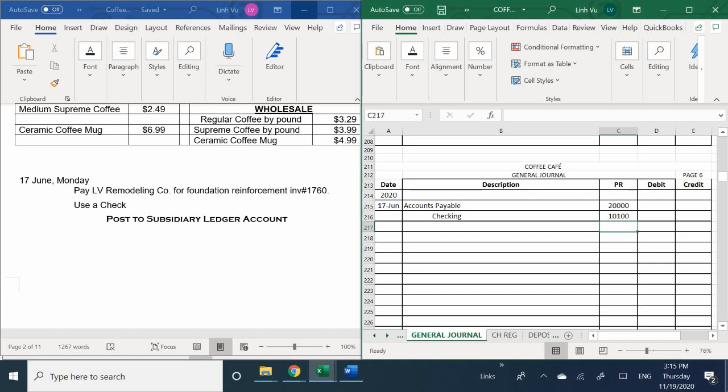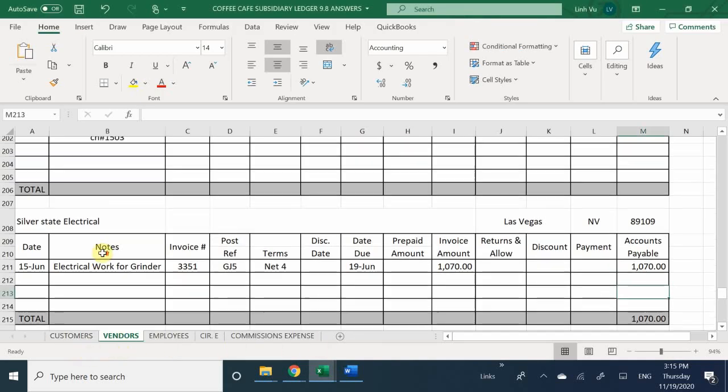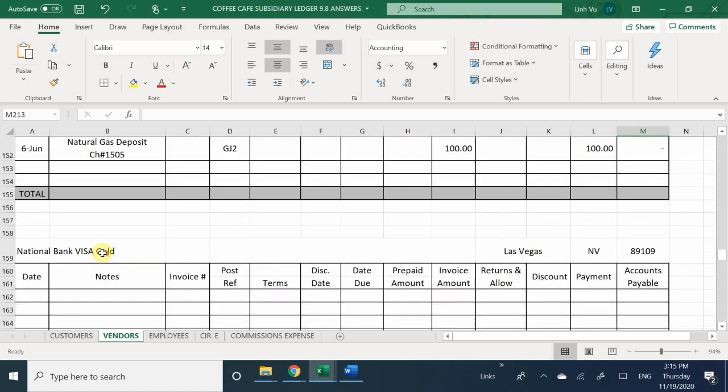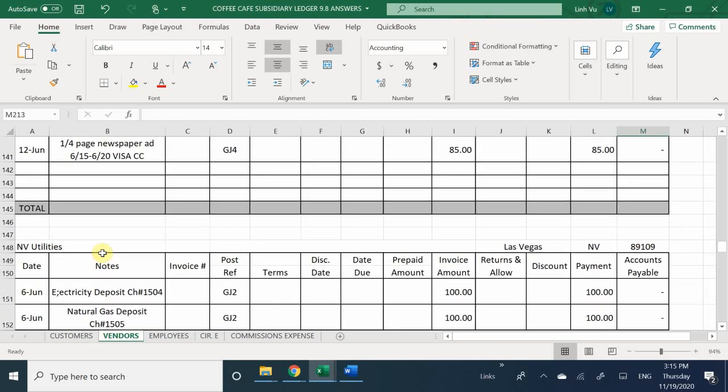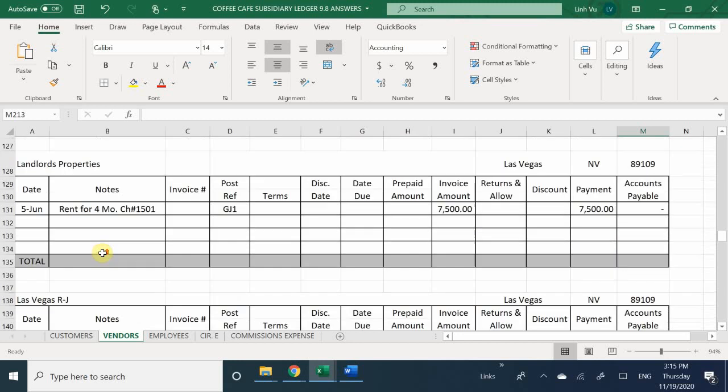And where can we find that? Okay, let's see here. I'm going to look for number 1760, so I'm looking in the vendors subsidiary ledger. Good. Under vendors, for the 1760 is the 1,560. Okay, so LV Remodeling.